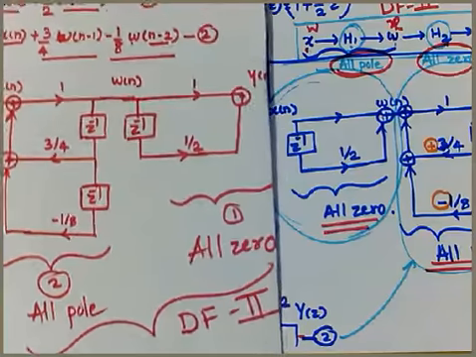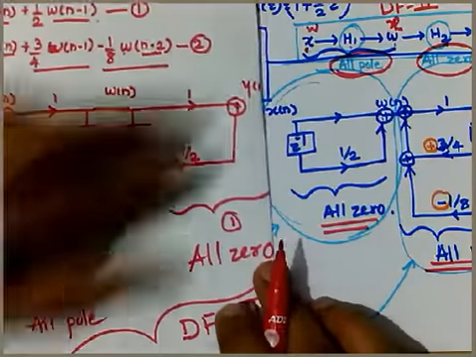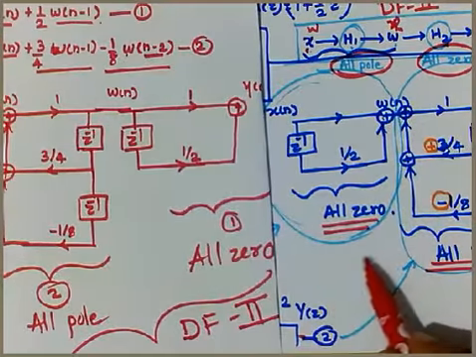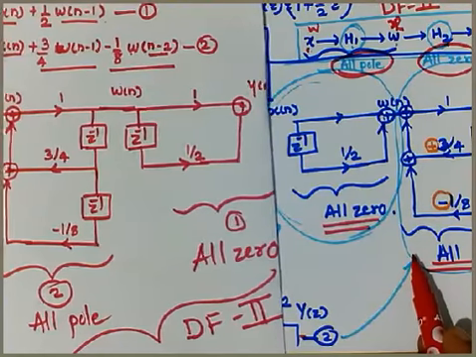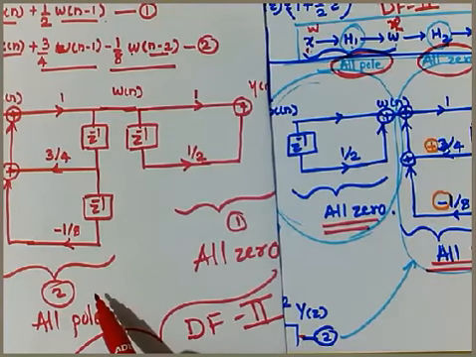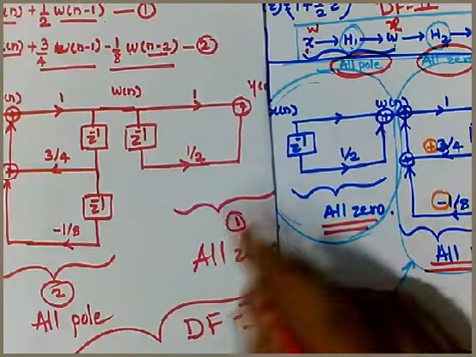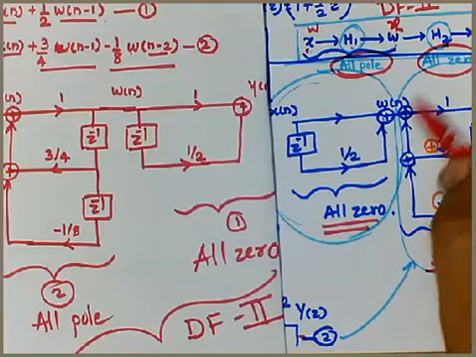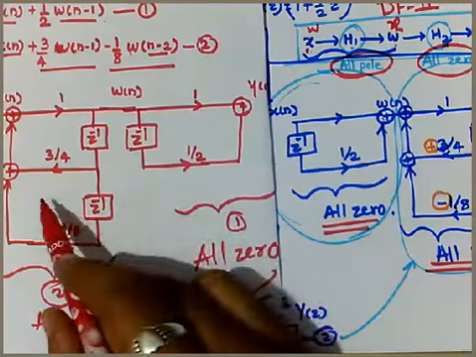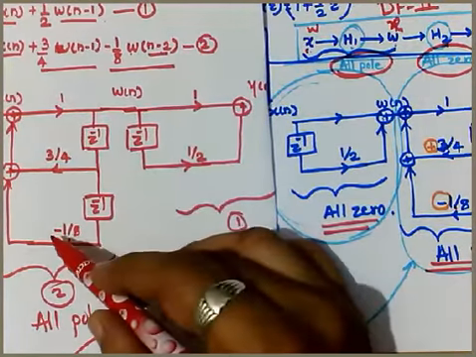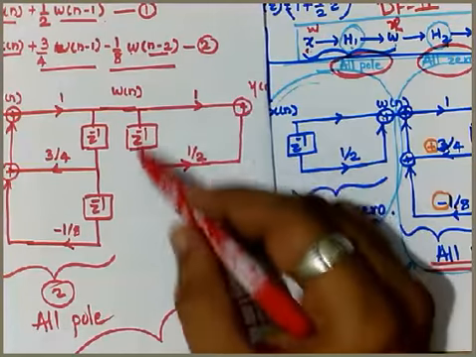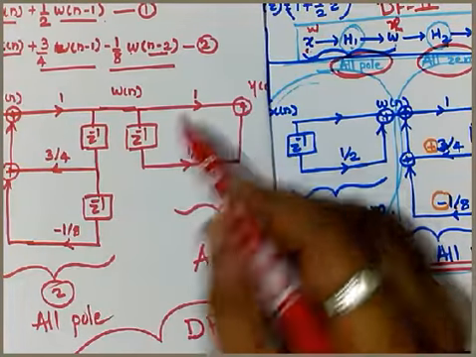Okay, now this diagram which we have seen in the earlier case is direct form 1, and the diagram at the left side is for the direct form 2. So just check here, the 3 by 4, minus 1 by 8, this entire block has been at the start, so all pole, and all zero will be at the latter stage.